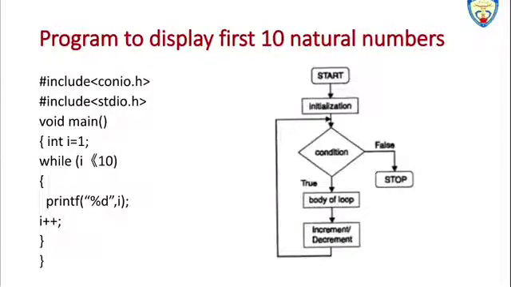Again it will check 2 is less than 10, then it will be a true condition, then the following statement will be executed inside the while loop, that is printf percentage d i. The i value is now printed, that is 2. Again i plus plus, 3, 3 is also less than 10, then 3 will be displayed. Then i plus plus, 3 becomes 4, 4 is also checked. Likewise up to 10 it will be checking. This is how you will be getting your first 10 natural numbers on the output screen.